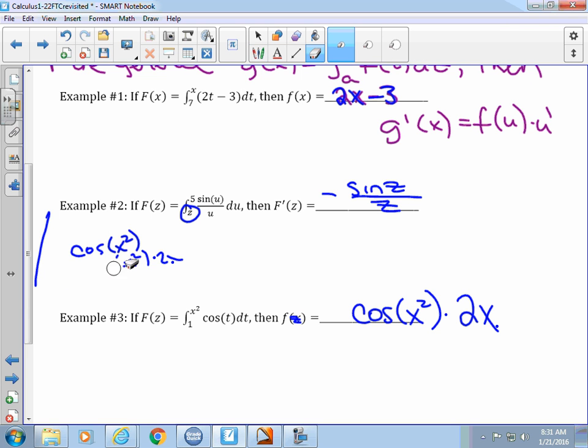Antiderivative, however, would be impossible at this point because you can't do a u substitution because you don't have an x sitting out front. And you don't have a chain rule for integrals, so it would be impossible.